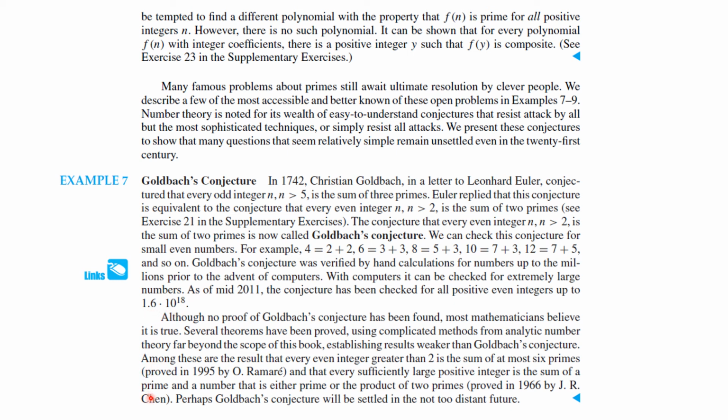But there is no proof. Some progress has been made: among the results is that every integer greater than 2 is the sum of at most 6 primes, and that every sufficiently large positive integer is the sum of a prime and a number that's either prime or the product of 2 primes. So maybe there will be progress, but as of this lecture, Goldbach's conjecture is not solved.